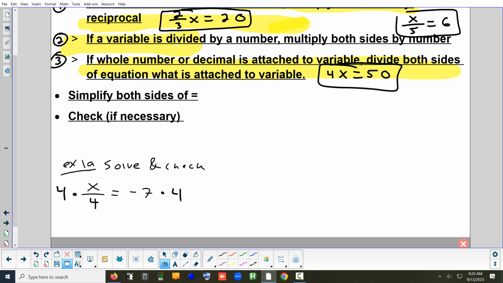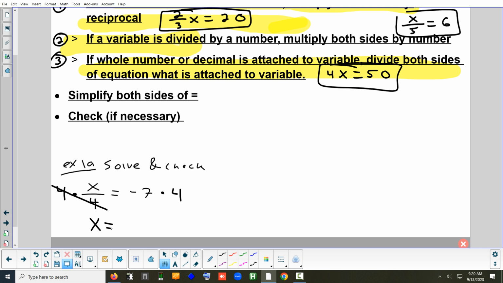If you take something and you times it by 4 and then divide it by 4, you just canceled out what you did. It's kind of like if I took a number and added 3 and then subtracted 3. It just goes back to what it was, it cancels out. So what do we have on the left-hand side now? Just x.